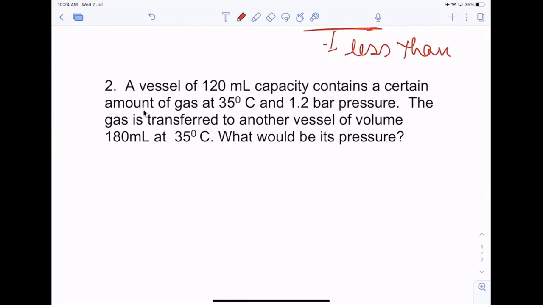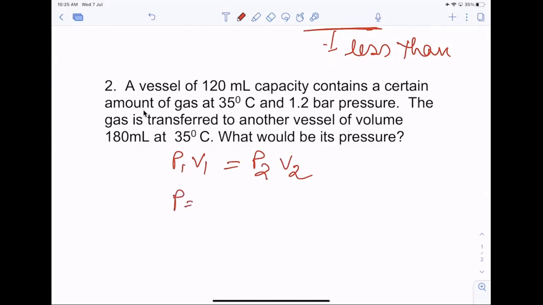So this problem we will also solve by Boyle's law. So Boyle's formula is what? P1 V1 equals P2 V2. Okay, what is P1?